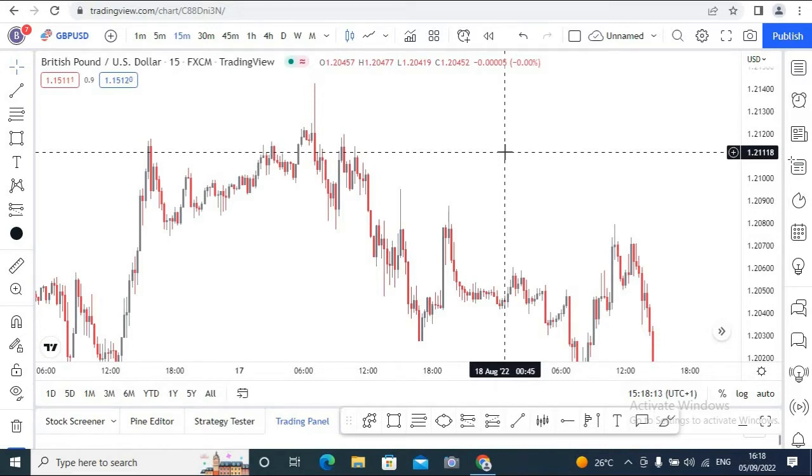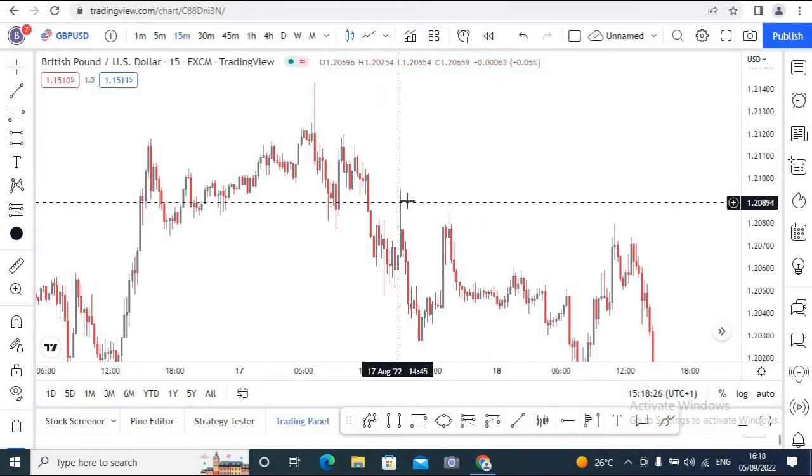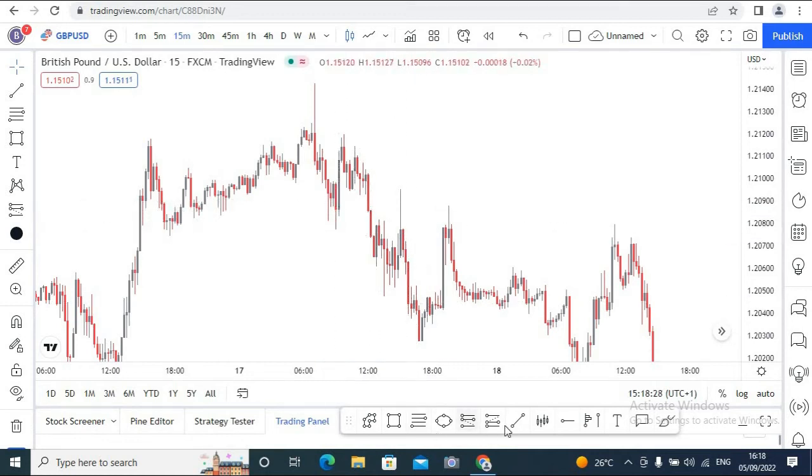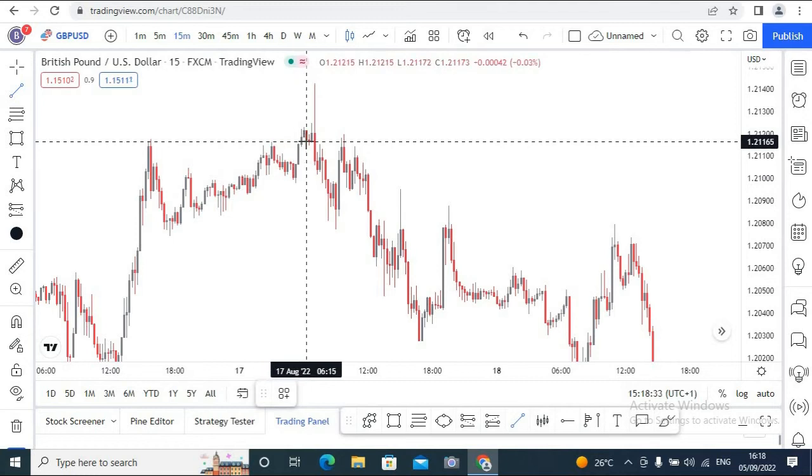So guys, the first thing which you have to understand is that you are going to look for a failed higher low and a failed lower high after a market structure breaker. So let's say you are looking for shorts, right? And then you identify that the price did give you a nice market structure breaker, right?